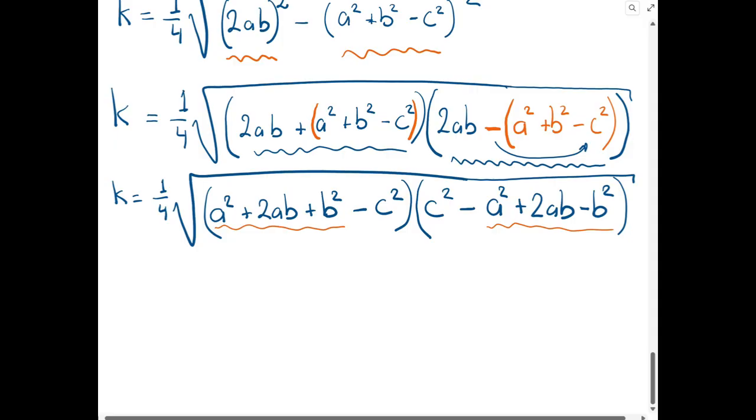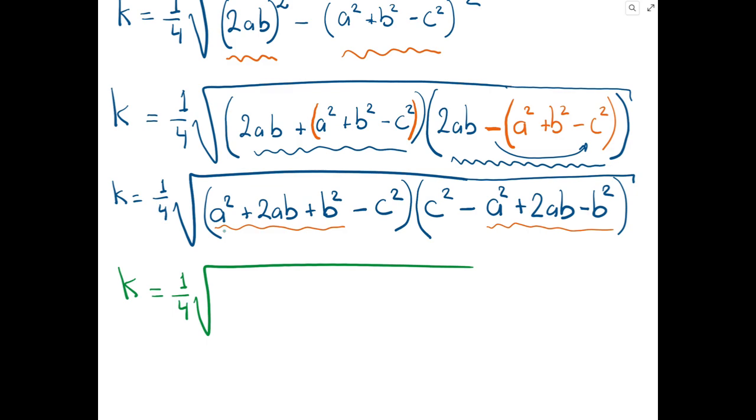We'll change color again a little bit. Let's do green. So k equals 1 over 4. And this again is going to become my a plus b quantity squared, and then my minus c squared.